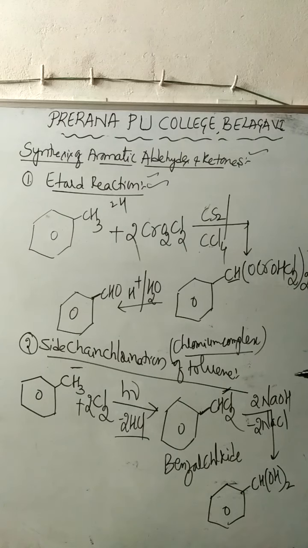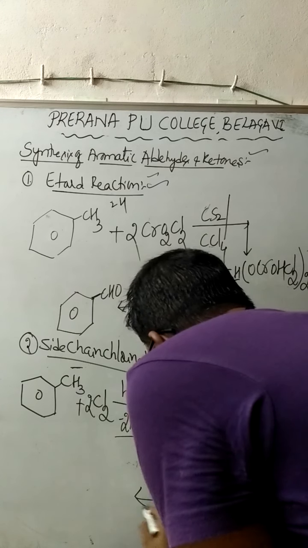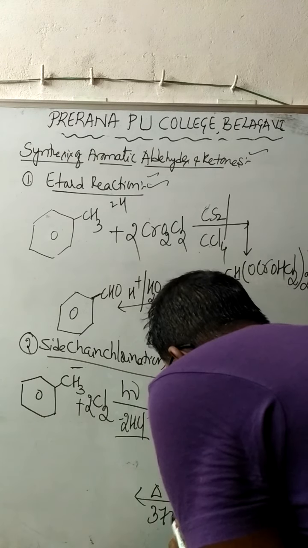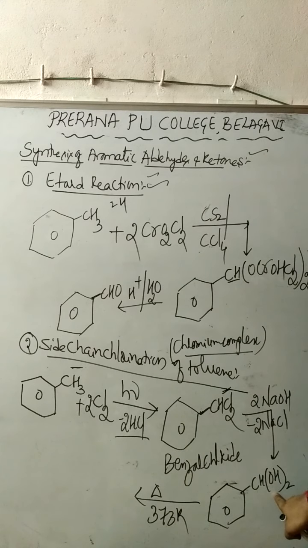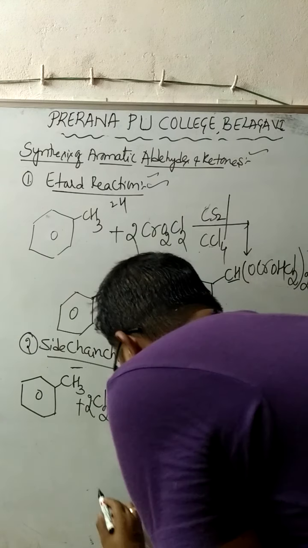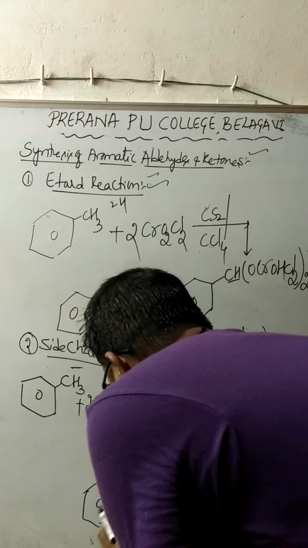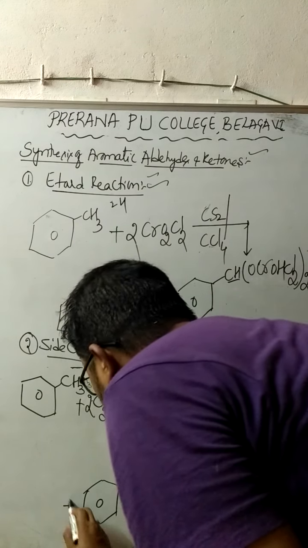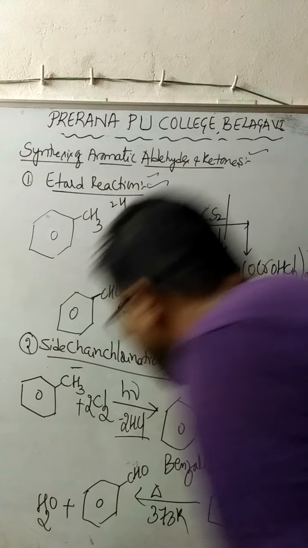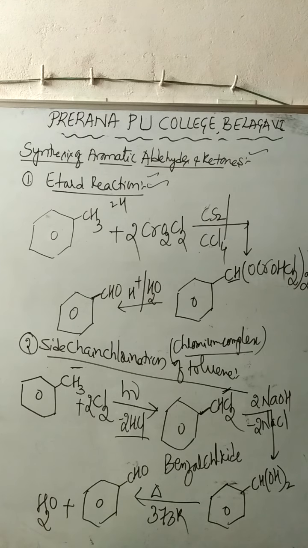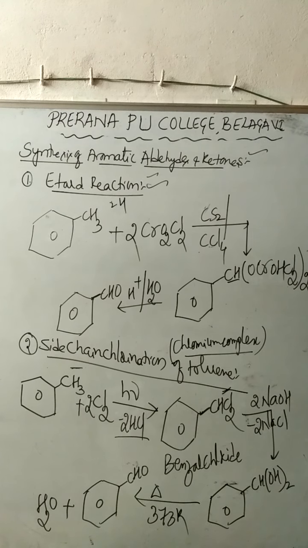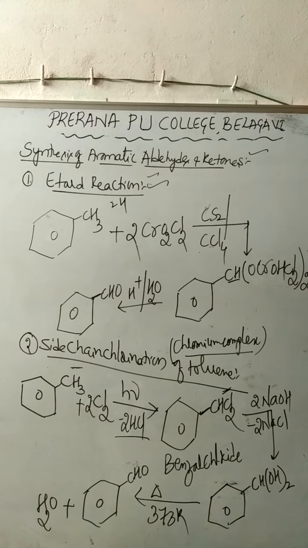When this particular intermediate is heated at a temperature of 373 Kelvin, a water molecule gets eliminated from this, so that I will get the major product, which is benzaldehyde, along with the elimination of water. This particular reaction is called side chain chlorination of toluene.